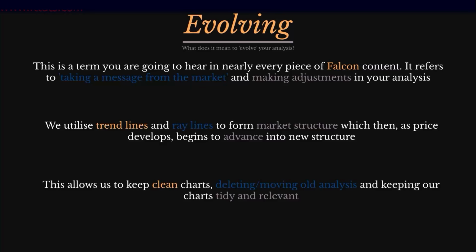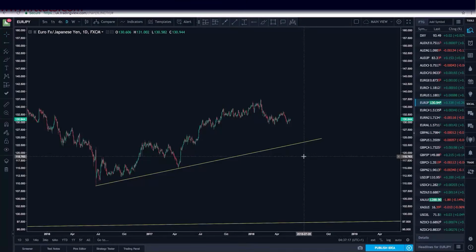But now let's take a look at how we actually evolve structures and what we actually look for. But more importantly, let's take a look at how we use the nature of the market to help us evolve these patterns and structures.